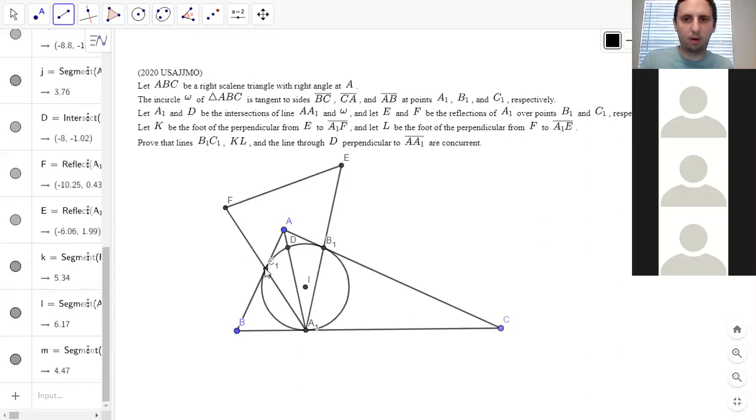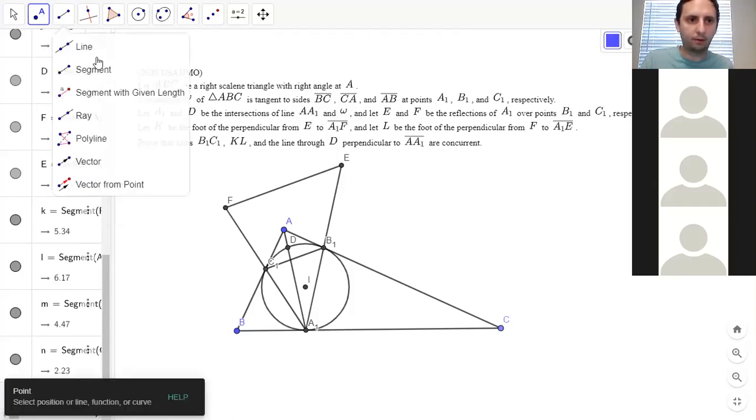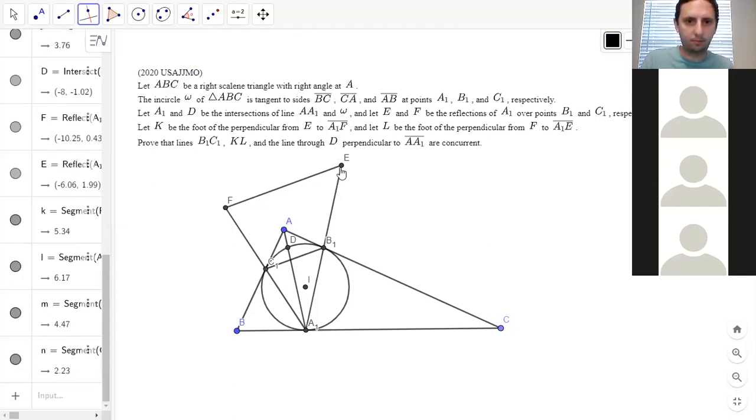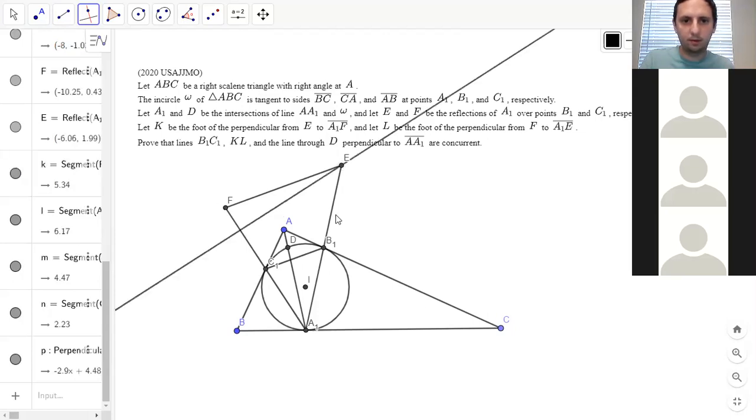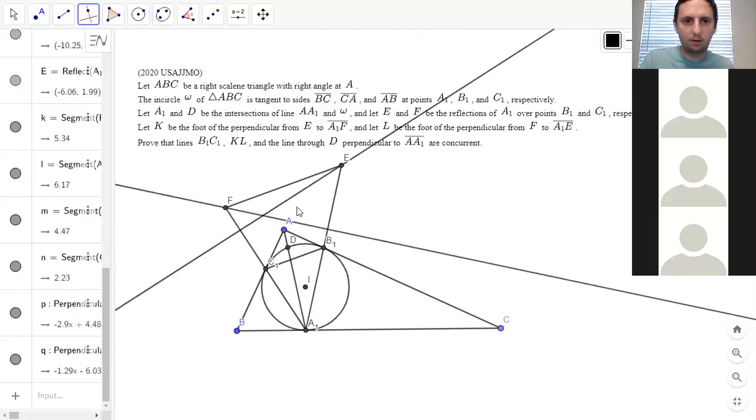And so those are homothetic. So let K be the foot of the perpendicular from E to A1F. Okay, so we kind of make a little orthocenter here. So K and L.